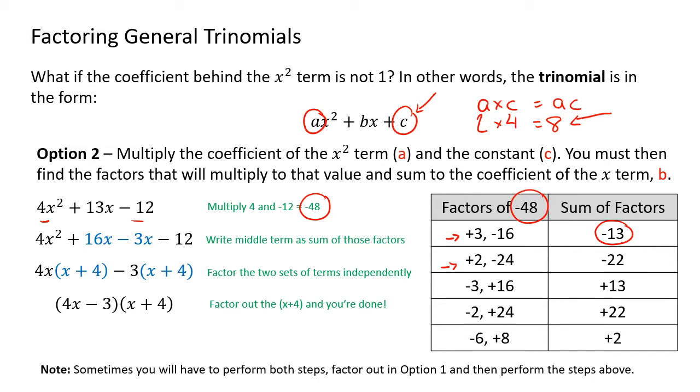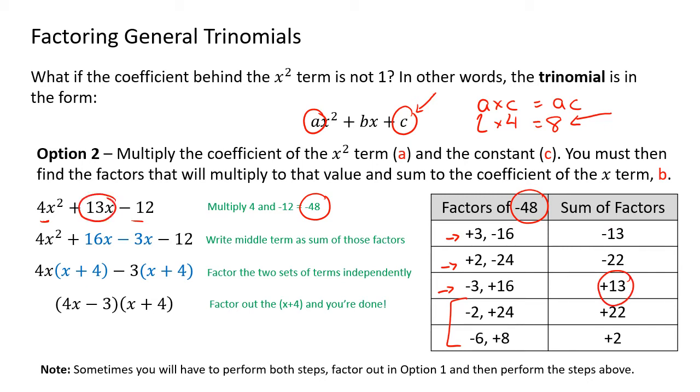Positive 2 and negative 24. Multiplying those together gives us negative 48. Adding them up, positive 2 plus negative 24 gives us negative 22. Again, doesn't work. Our third case, negative 3 times positive 16 is negative 48. Adding them up gives us positive 13. Okay? I listed two other ones, but you can quickly see that positive 13 lines up with positive 13 here.